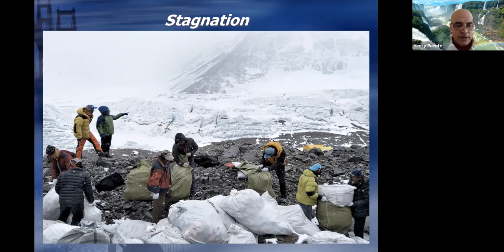They leave you up there entombed in ice. But now that the ice is melting, it's exposing dead bodies. So that's the other thing that's happening because of climate change. But anyways, Nepal, stagnation. The environment is going in the opposite direction.